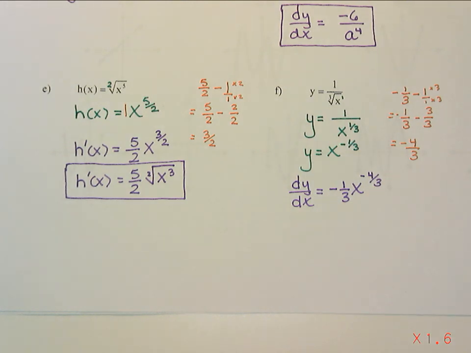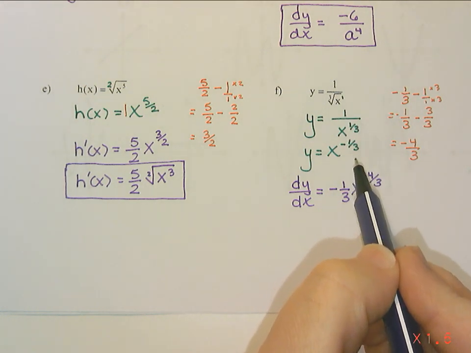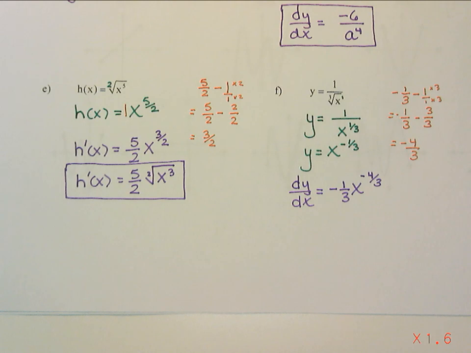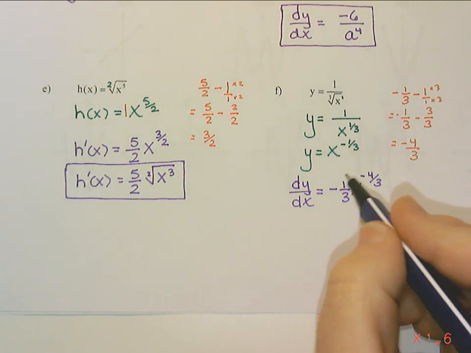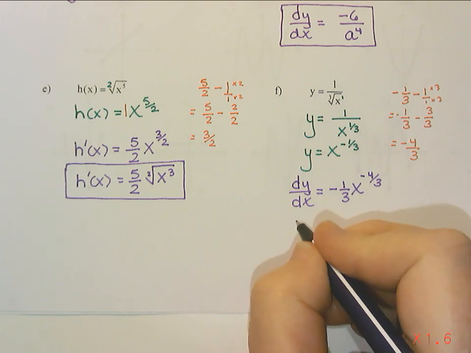Okay, so because the original was a fraction, it had a negative exponent, and it was a root, I need to put it back in that format. So the order in which you do is up to you. I think I'm going to do the reverse order of how I did this in the first place. So I'm going to deal with the negative first. The negative exponent makes a fraction. I already have a fraction in front, so that x is going to move down into the denominator with the 3.